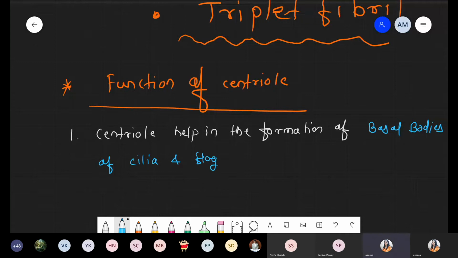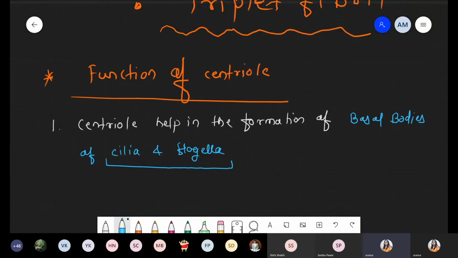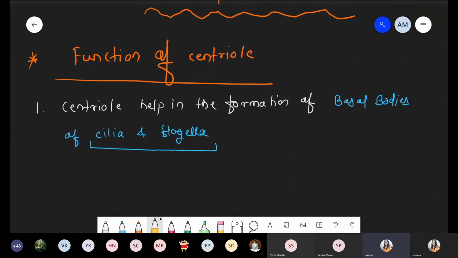Next part we start with the cilia and the flagella. These are the locomotory organs which are present in eukaryotic organisms. So we discuss the meaning of basal bodies. Basal bodies consist of the centriole. And another function, the centriole can form the spindle fiber during cell division.